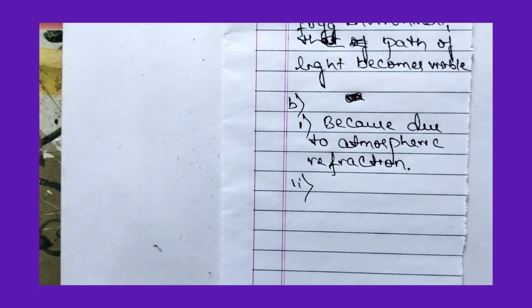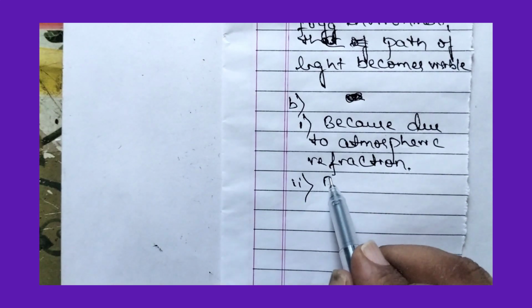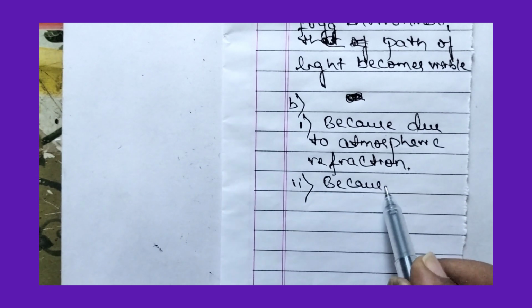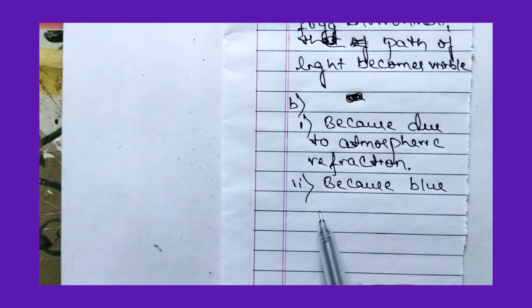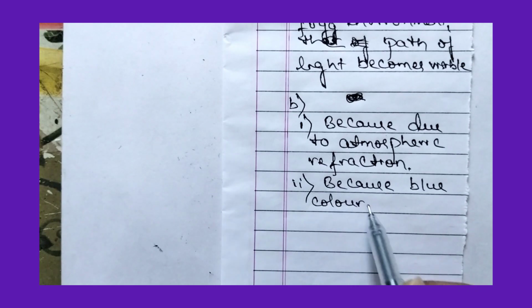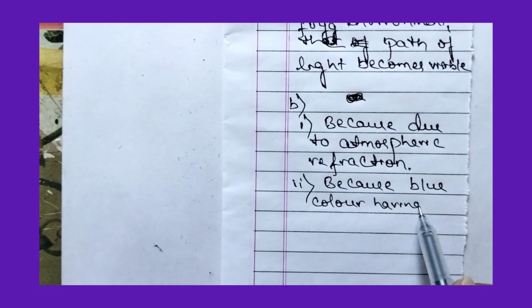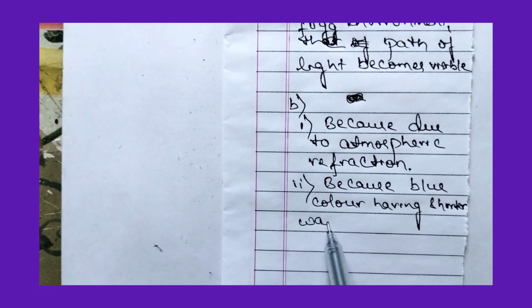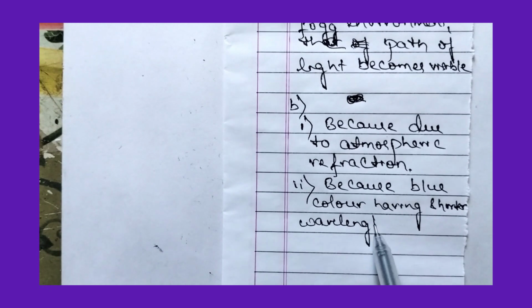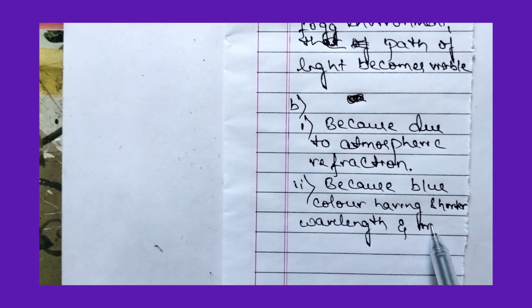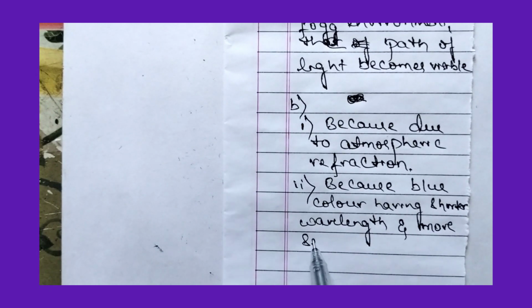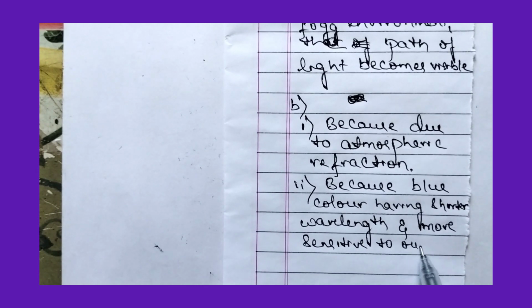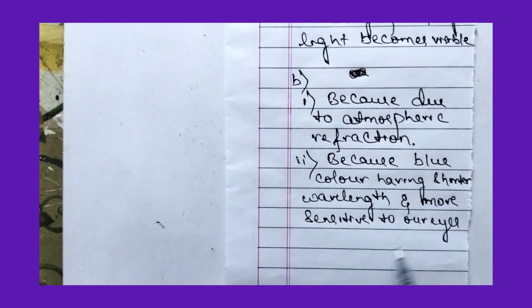Then one more question is there: why the clear sky is blue. Blue color has a shorter wavelength and is more sensitive to our eyes, so it will scatter.